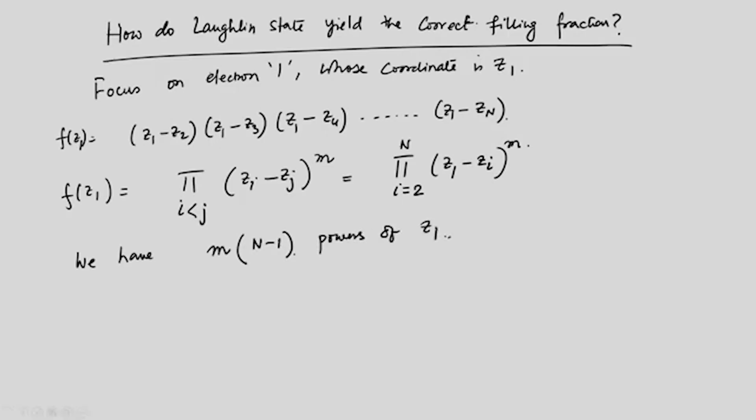That must be clear because there is a power m there, and there are n minus 1 such terms, all written in the product. So, there are m into n minus 1 powers of z1, which corresponds to a single particle whose coordinate we have taken as z1.